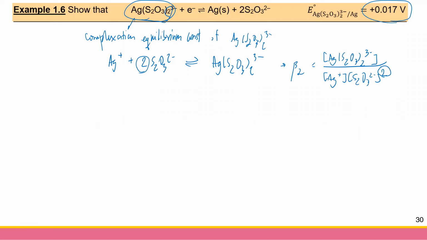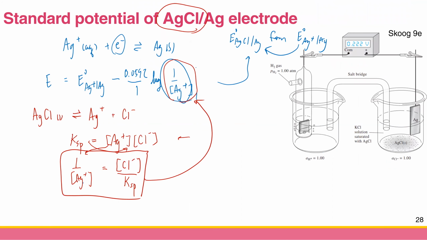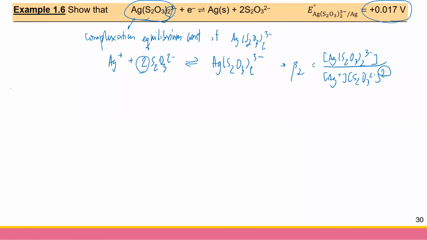Because this comes from the same half reaction as this one, we're going to need to substitute the 1 over silver again. Let me copy that again. From E equal to E naught minus 0.0592 over 1 log 1 over silver, we need to substitute the 1 over silver term.